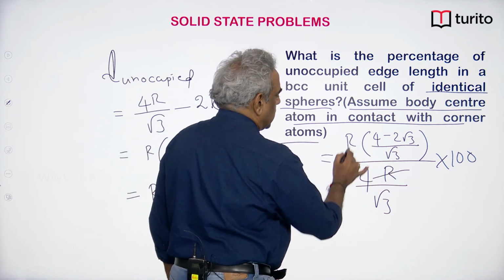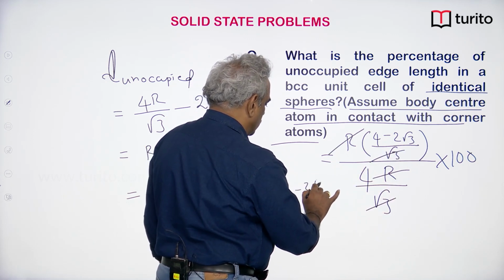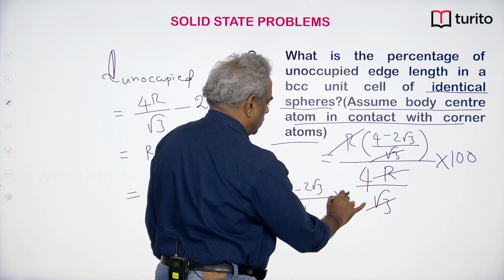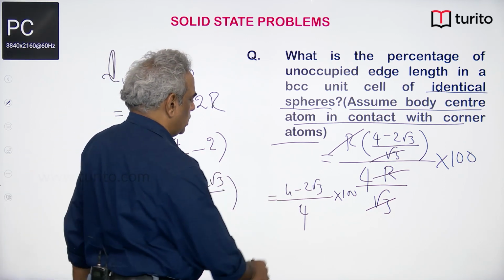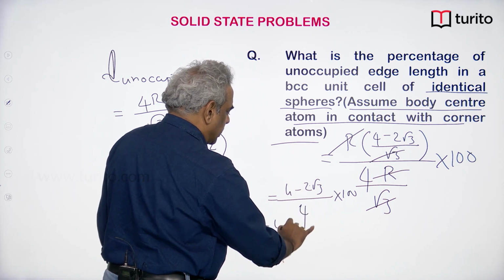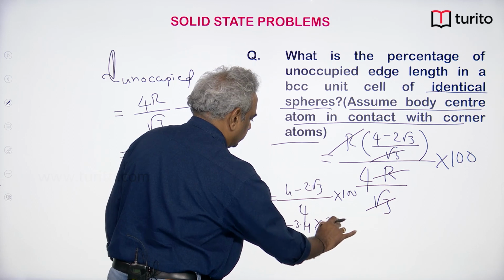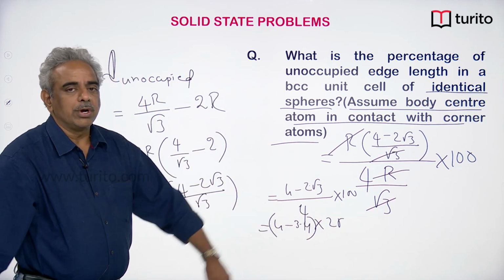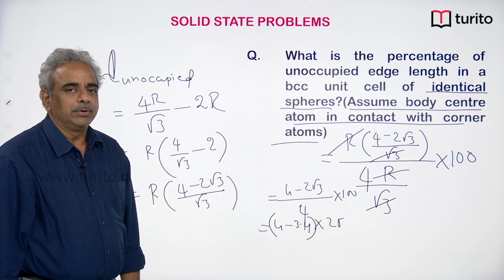So, r and r get cancelled, root 3 gets cancelled, (4 minus 2 root 3) by 4 into 100 is somewhere around 4 minus 1.7 into 2, 3.4, into 25. So, that gives me 0.6 into 25, about 15% unoccupied. So, whatever, that is only a numerical part left.